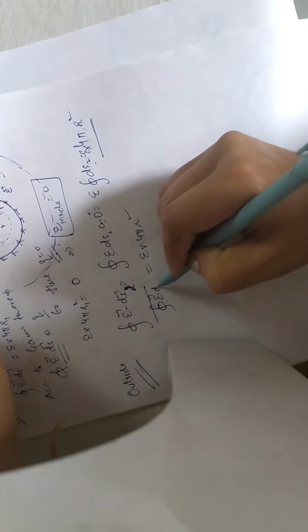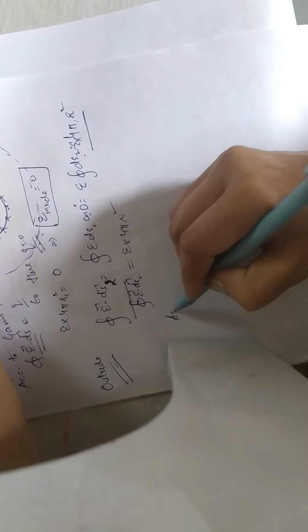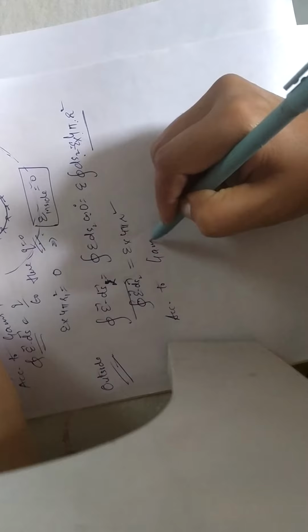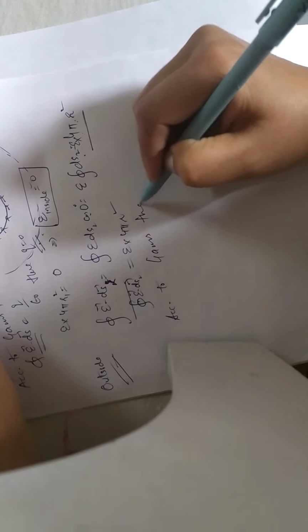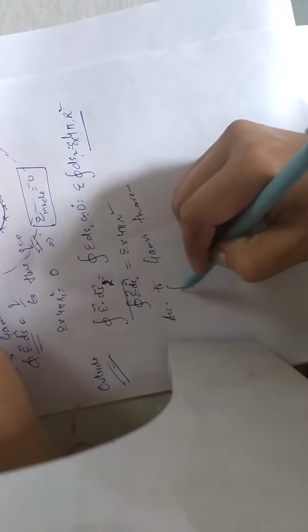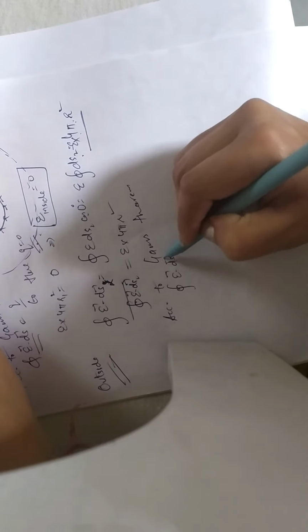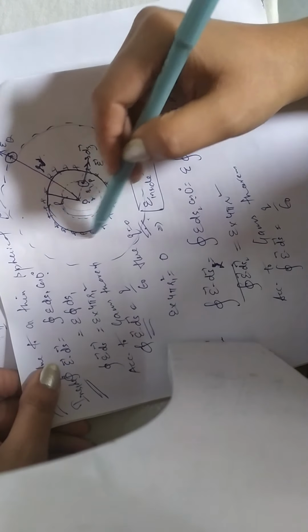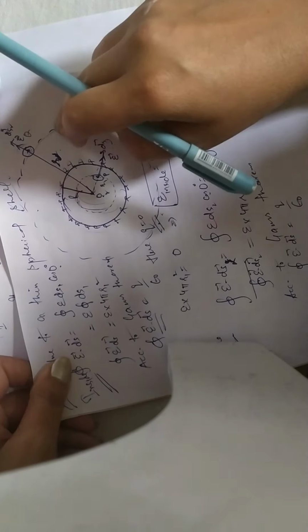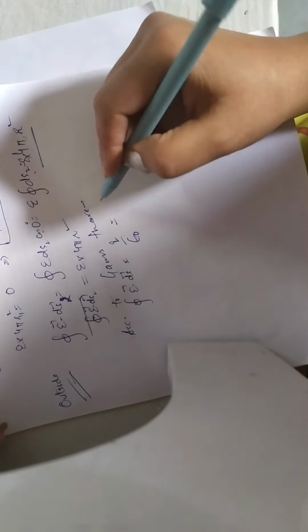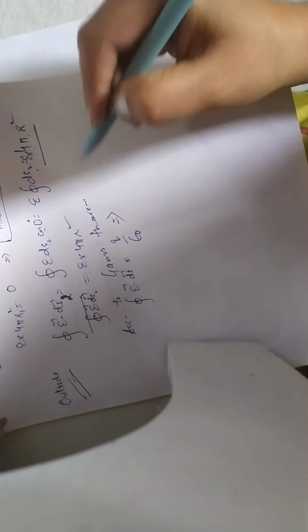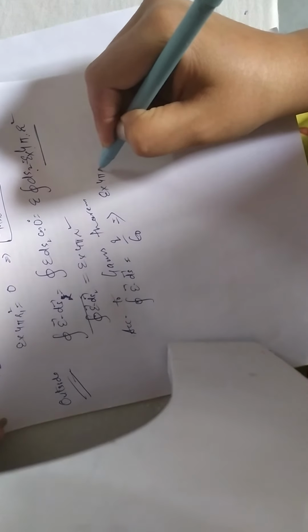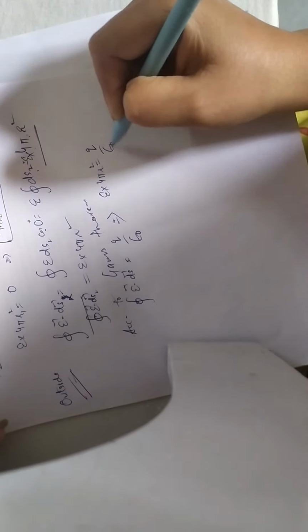Now using Gauss theorem again, this flux should be equal to Q over epsilon naught. The total charge enclosed by the surface: the whole charge is inside this spherical shell. So Q is enclosed by it. It means E into 4 pi r square equals Q over epsilon naught.